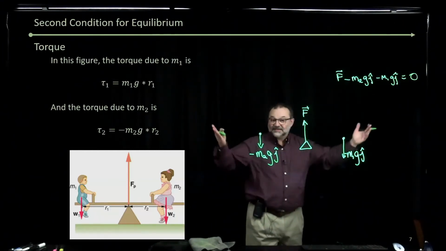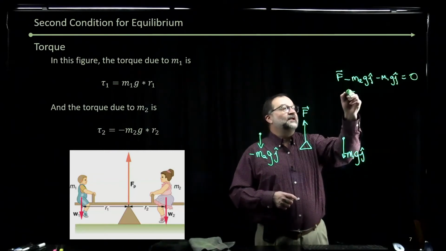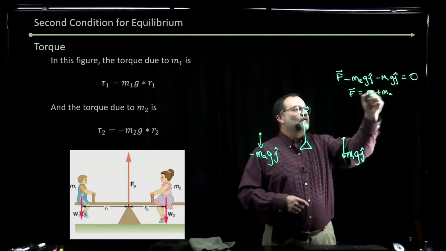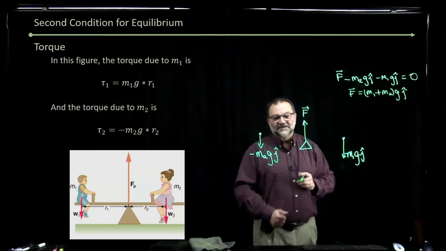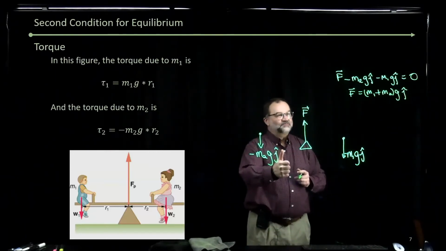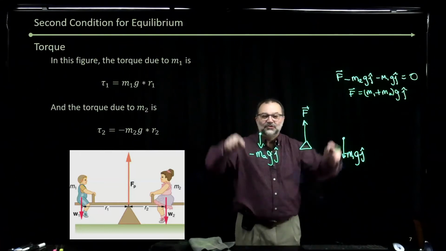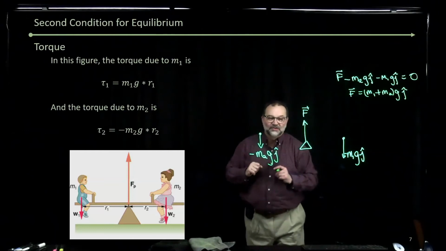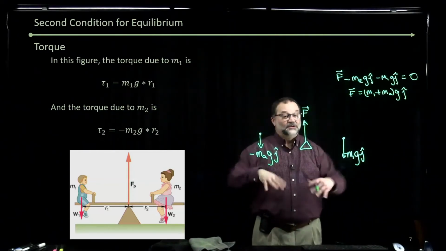That gives us what F is right away, because we now know that F is M1 plus M2, times G J hat. F is in the positive J hat direction, and it is exactly equal to the magnitude of the downward weight of the two kids. So that's what it means to have translational equilibrium.